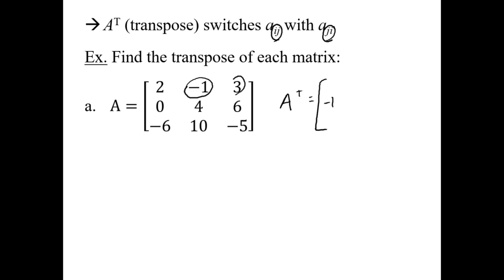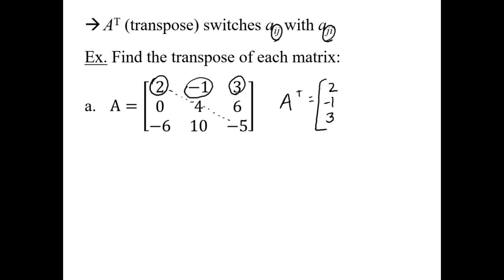The 3 is in row 1, column 3. And so I'm going to move it to be in row 3, column 1. So there's my 3. And by the way, an interesting observation, this is in row 1, column 1. Switch those two numbers and you're still going to be in row 1, column 1. So actually this main diagonal, those numbers are not going to move when we find the transpose.